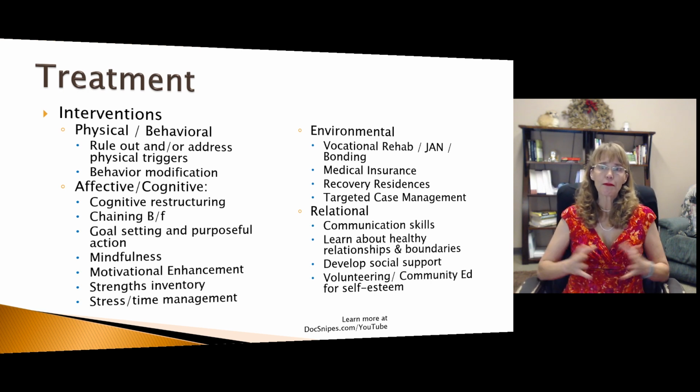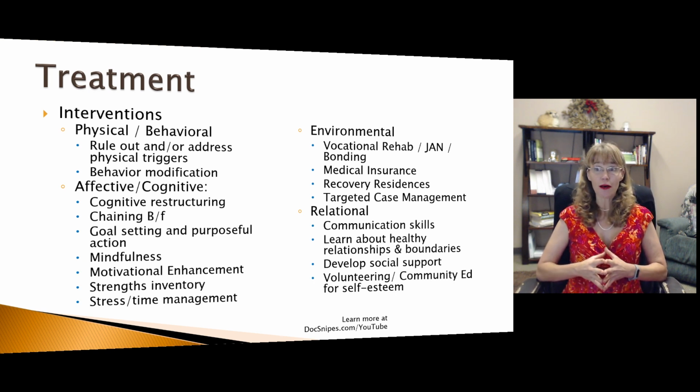Environmentally, some people may need some help from vocational rehabilitation, finding a new job, the Job Accommodation Network to help them find a job that meets their needs. And there is a federal bonding program for hard-to-place workers.